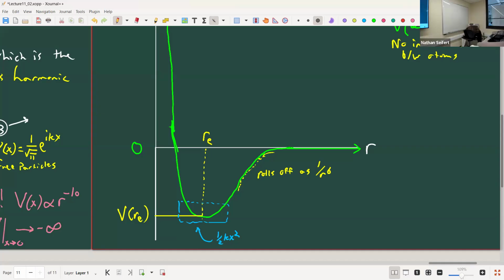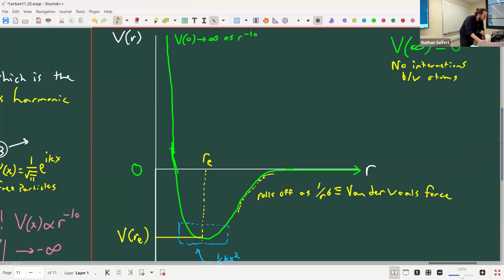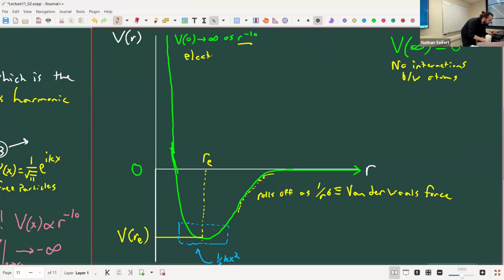So locally around the middle of the bond, the stable region, it looks quadratic. On the attractive end, it rolls off as 1 over r to the 6th, which comes from the van der Waals force. And at high energy, it rolls off as r to the 10, which is electrostatic repulsion.